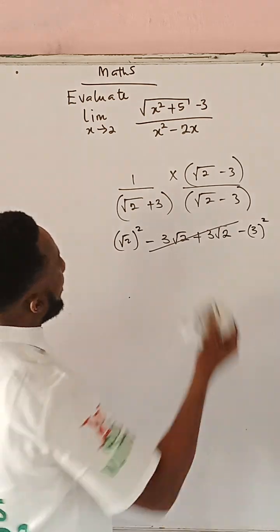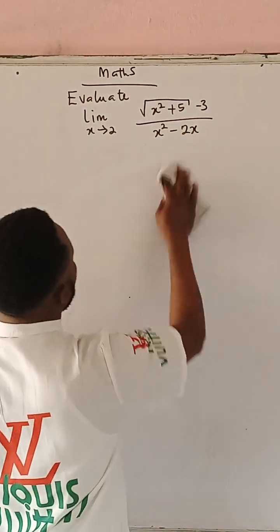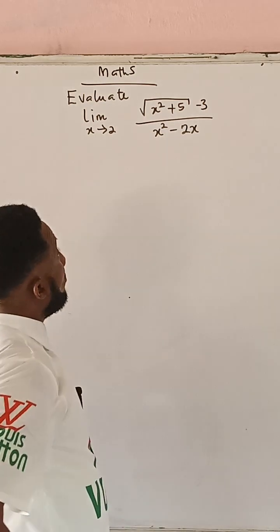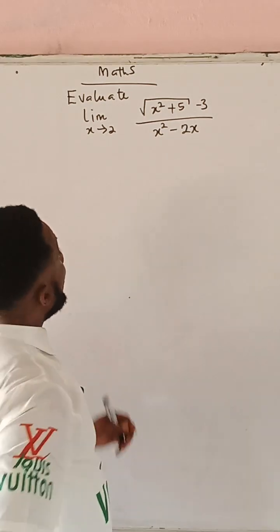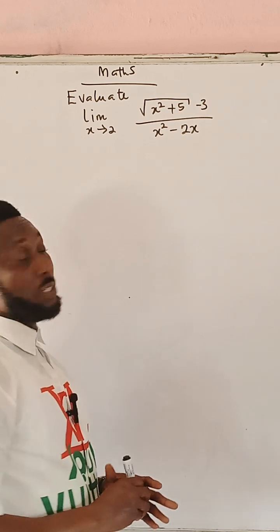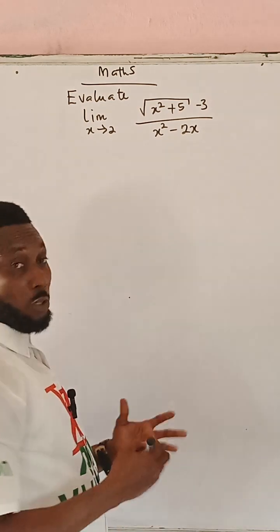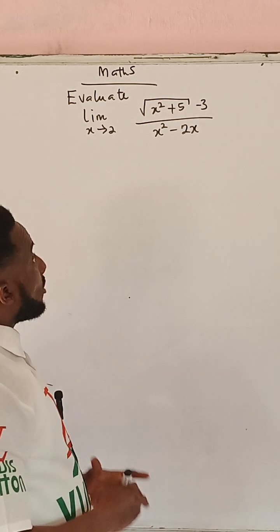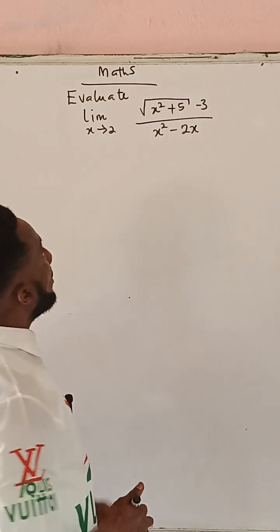Now, with this, we are going to treat this expression likewise. We are not used to rationalizing the numerator of a surd, but it is doable. That is just to help us simplify.